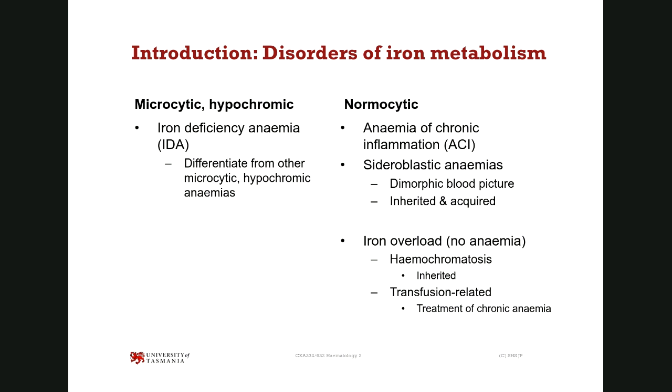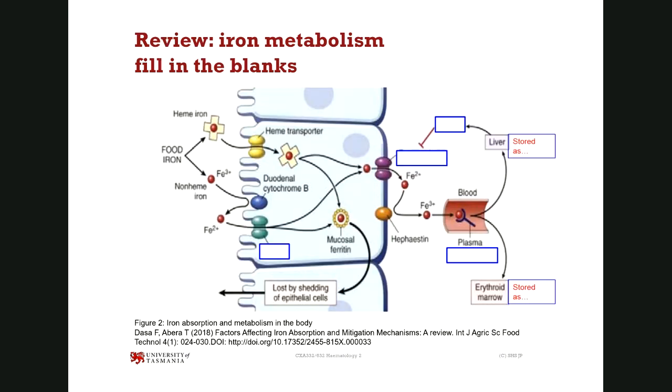So here's a bit of a review for you. What I'd like you to do is just to have a go at filling in the blanks that you see here. So this is our endothelial cell, which is lining our gut, and we've got iron from our food being absorbed into the endothelial cell, and then it's being transported out from the cell into the plasma and travelling around the plasma, and then it's stored in the bone marrow and in the liver.